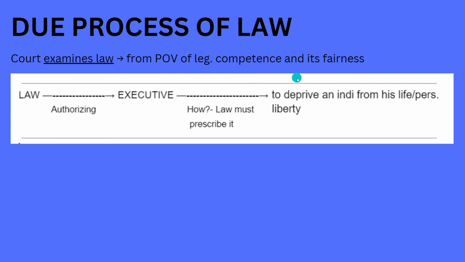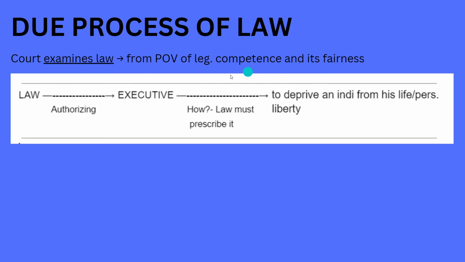But how will fairness be examined? The court will examine the fairness of a law by the principles of natural justice. There are some principles which are designed to ensure correctness and fairness in legal proceedings.